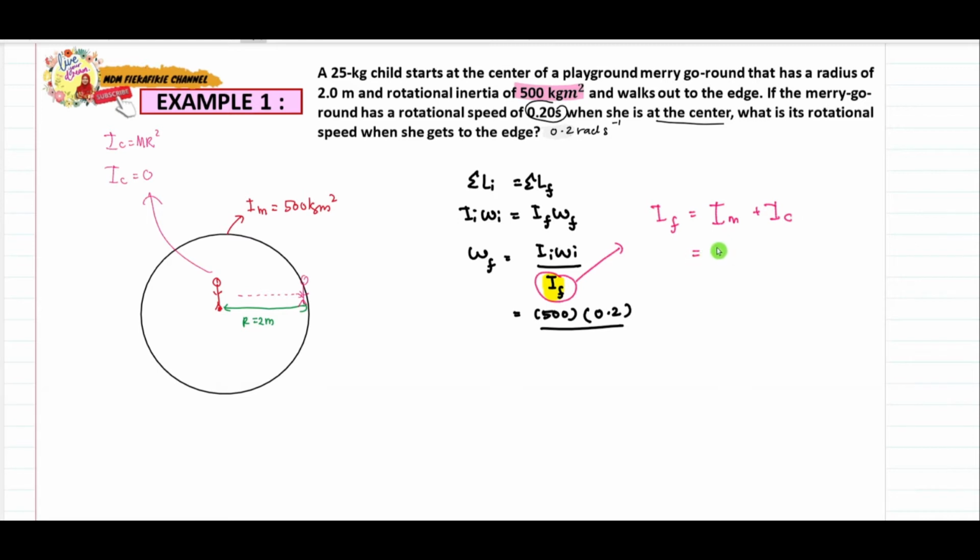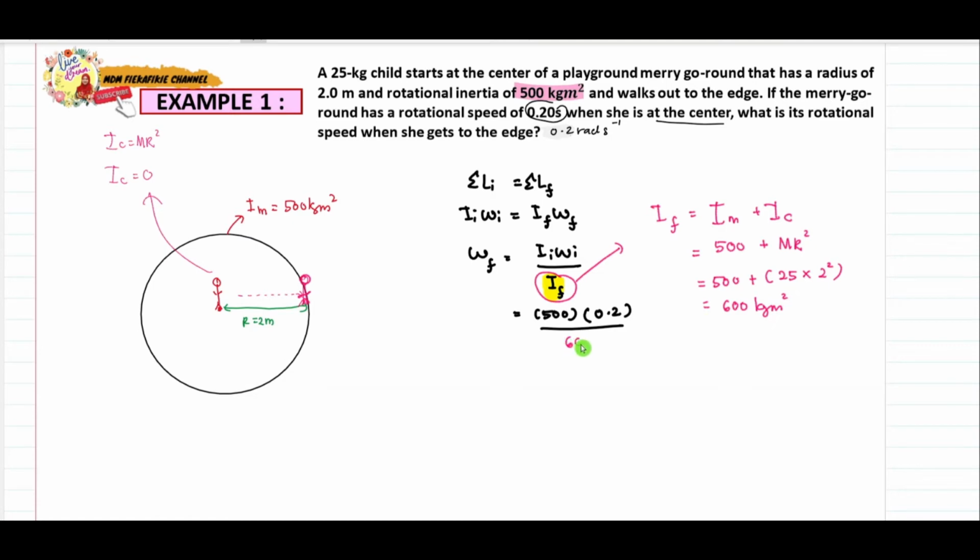So merry-go-round tadi kita dah tahu 500, but the moment of inertia for the child we can calculate where it is equal to mr squared. Di mana kedudukan budak tadi berada di sinilah, which is 2 meter from the center. So we can substitute here. The mass of the child is 25 kg, and r is 2 squared. So the final moment of inertia for the whole system should be 600 kg meter squared.